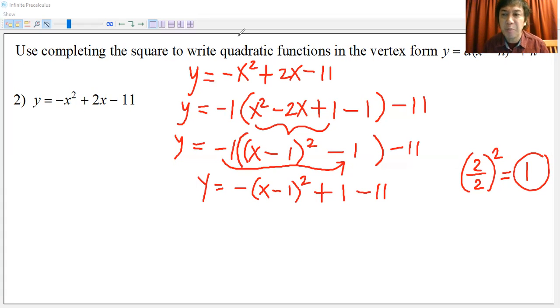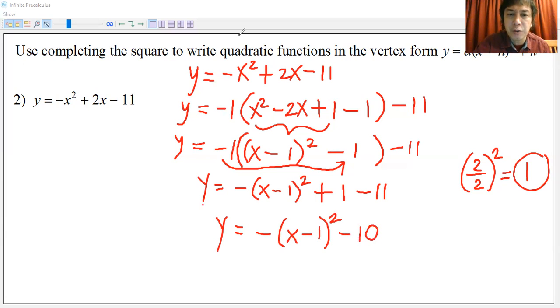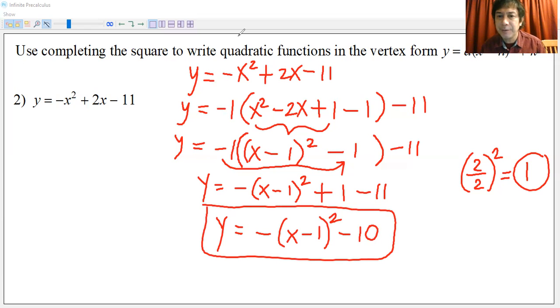Simplifying one more, we have the final answer, negative x minus 1 squared, minus 10. And so this is the required vertex form.